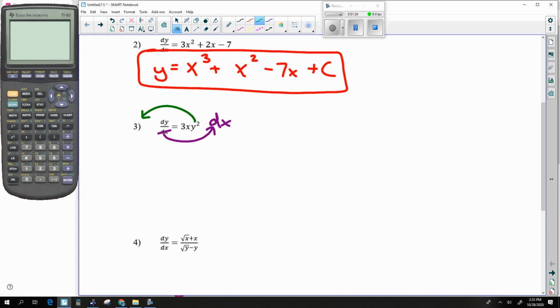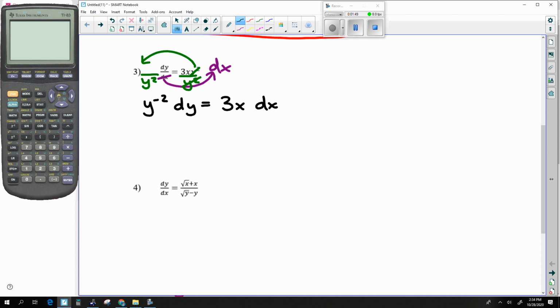So in essence, I'm going to be dividing by y squared. So rewriting this, it'd be a division of y squared, so this is y to the negative 2. It has that dy. And then I'm left with 3x, and I get a dx. So when I have both x's and y's in the same equation, I have to separate these variables.